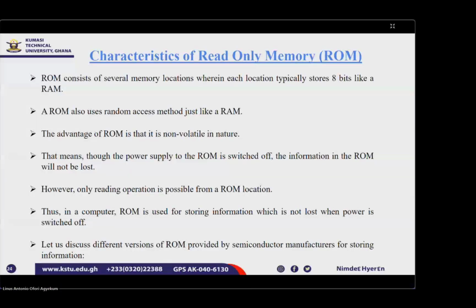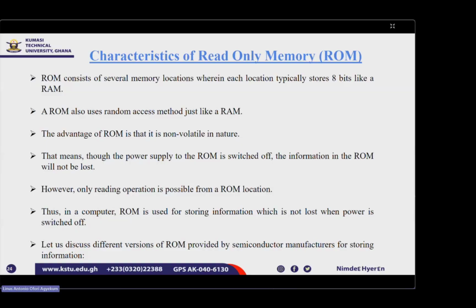Now, the ROM also uses the method of random access, just like the RAM. So if you remember, when we're looking at the RAM, we said that there are 2 types of data access.